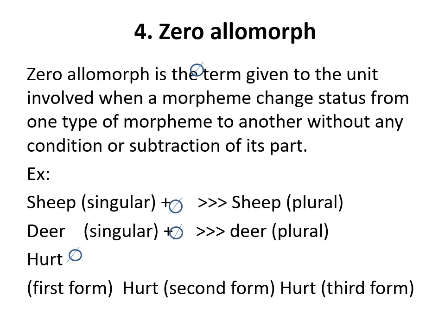Like sheep or sheep. We cannot say sheeps, or deers. We will not put s with deer. It will remain deer, sheep. So it's called zero morph, meaning no change in the spelling, no change in the pronunciation, but the change is in the meaning. Next one is hurt. First form of the verb is hurt, second is hurt, third is hurt. No change in the spellings, no change in the pronunciation, but the change is in the meaning. So this is called zero allomorph.